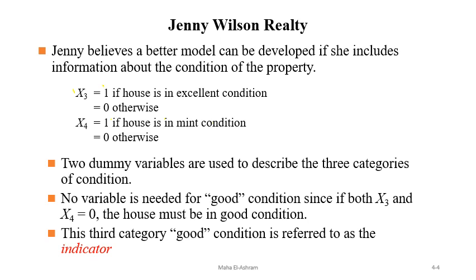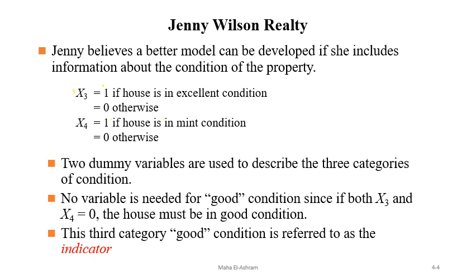In this case, x3 will be equal to 1 if the condition is excellent and 0 otherwise. x4 is equal to 1 if the condition of the house is mint and 0 otherwise. Now we won't have any variable to represent the good condition, and the reason for this is very simple.